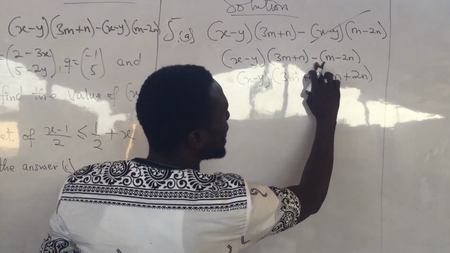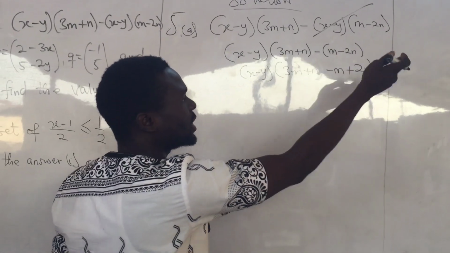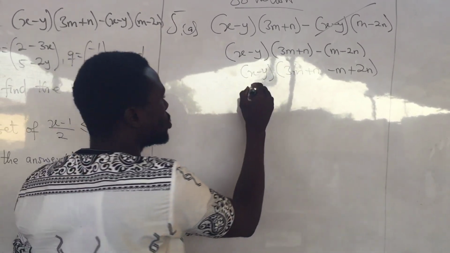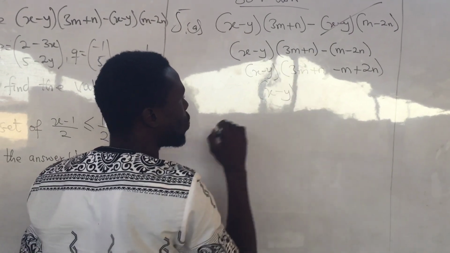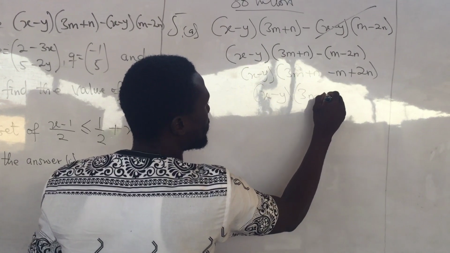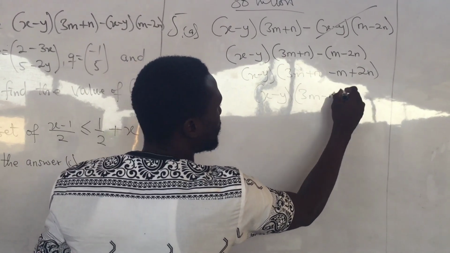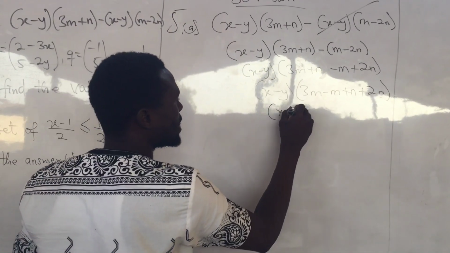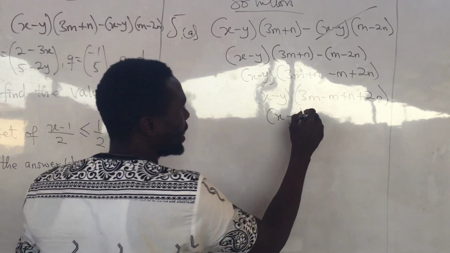So we have to expand this bracket so that we get rid of all the common ones there, we group them together. So we have bracket of x minus y. Then we group like this. We have 3m minus m, then plus n plus 2n. So we have the first as x minus y.